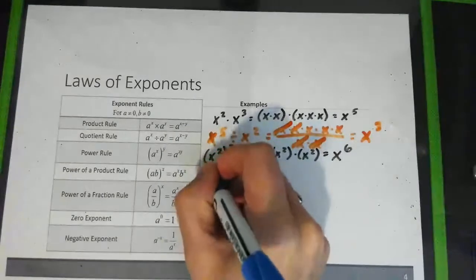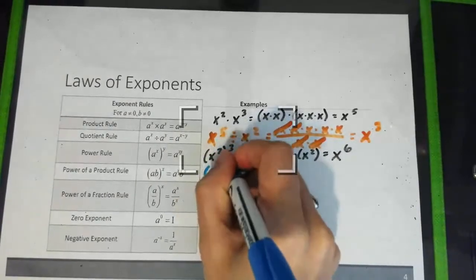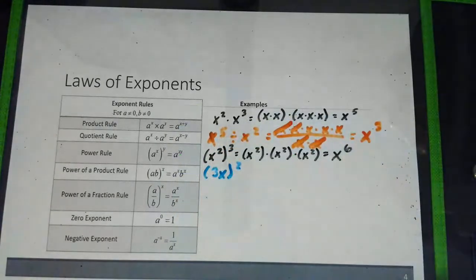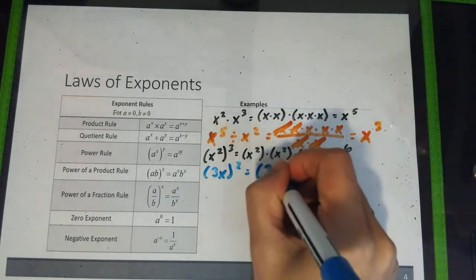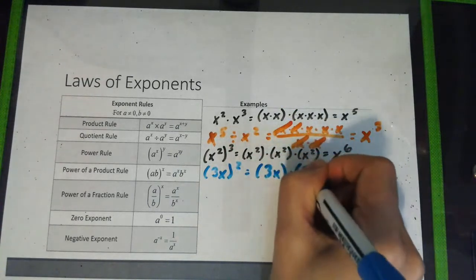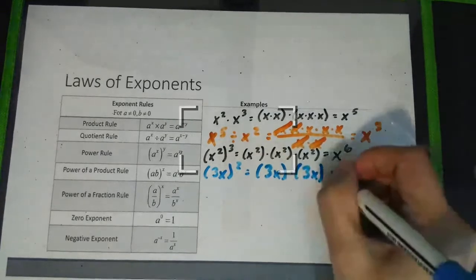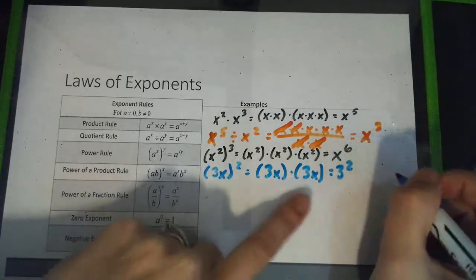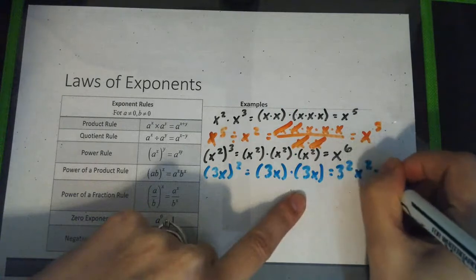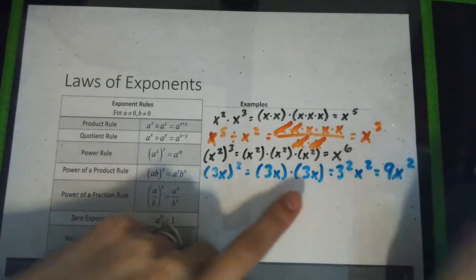So what if we had, say, 3x quantity squared? That would mean the same thing as 3x times 3x. 3 times 3, that's 3 squared. X times x, that's x squared. And that simplifies to 9x squared.